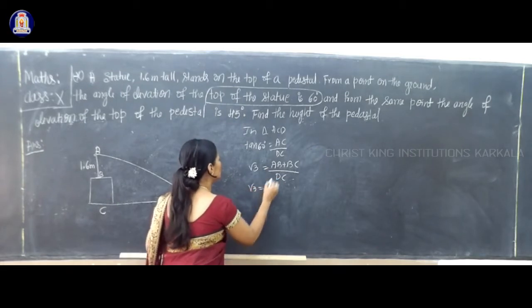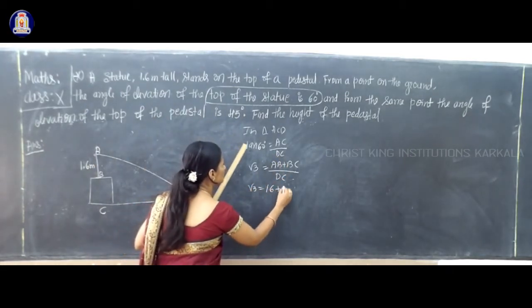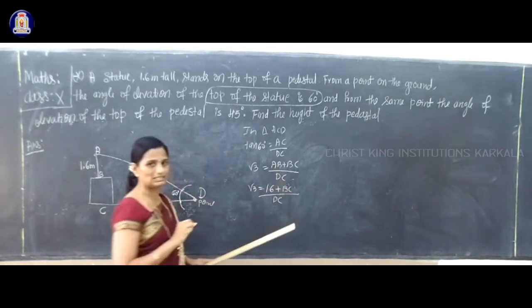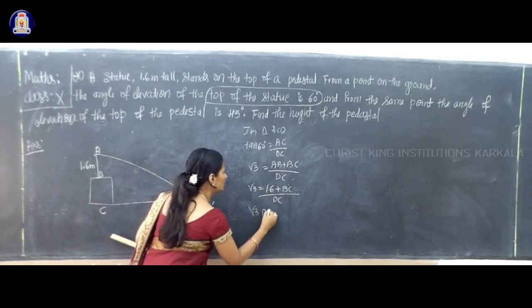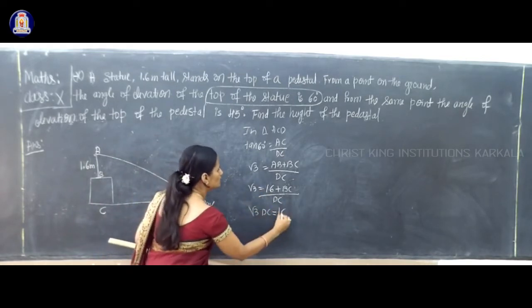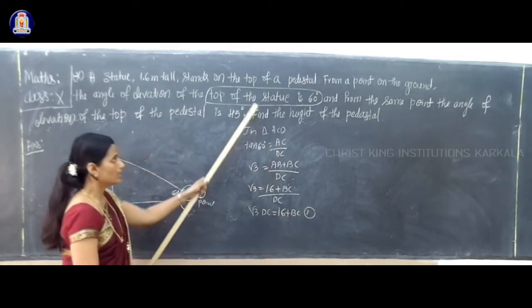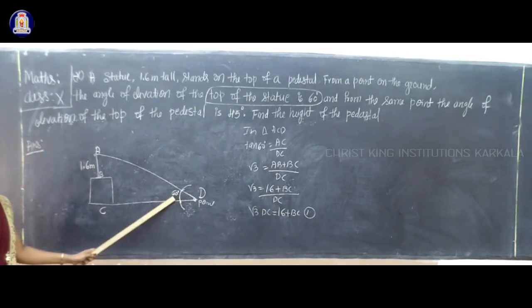So root 3 is equal to AB, which is 1.6, plus BC, over DC. BC is not given, DC also not given, so keep it as it is. Now you can cross multiply: root 3 DC is equal to 1.6 plus BC, that will be equation number 1. This equation is with respect to 60 degree.